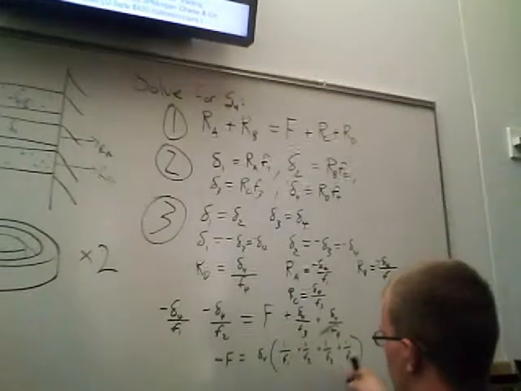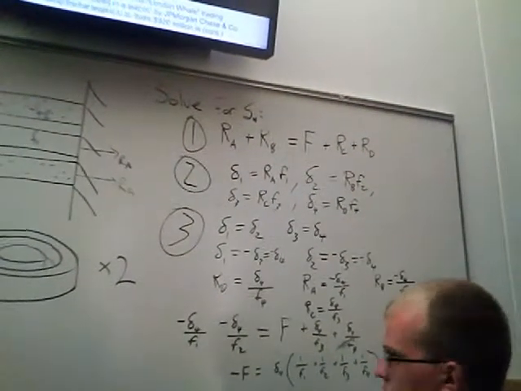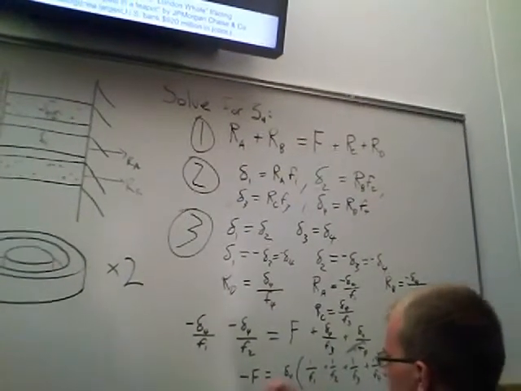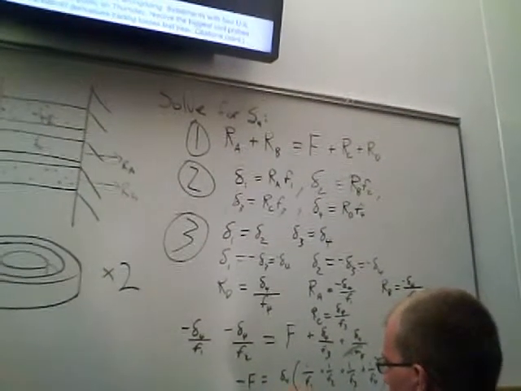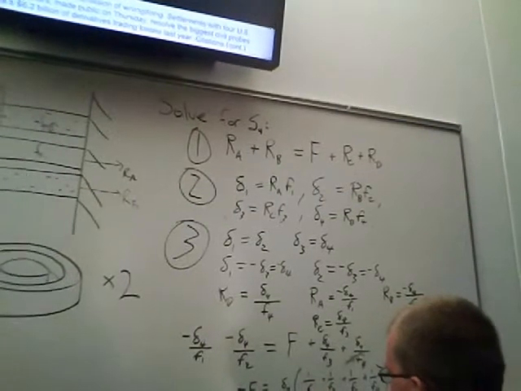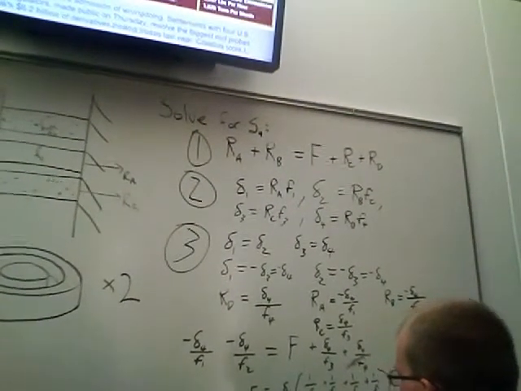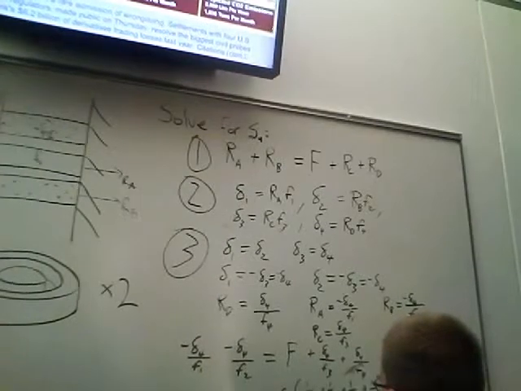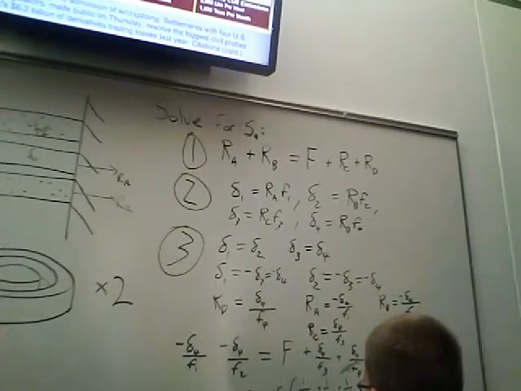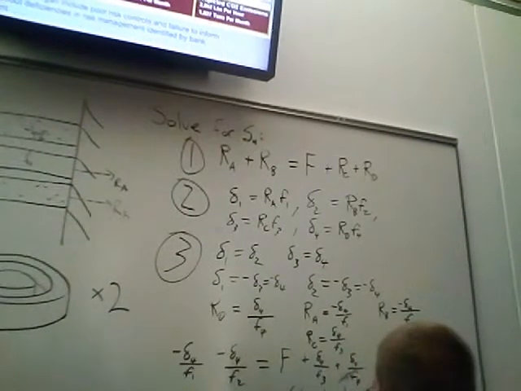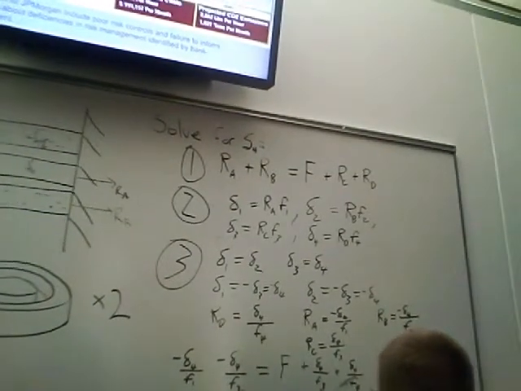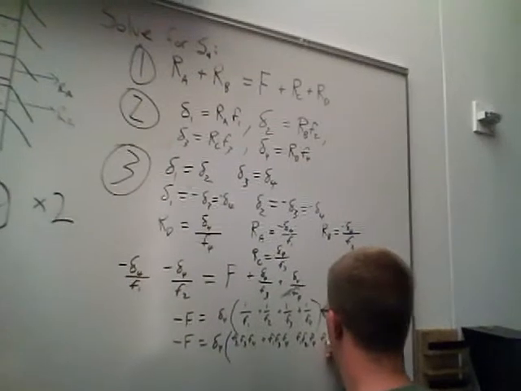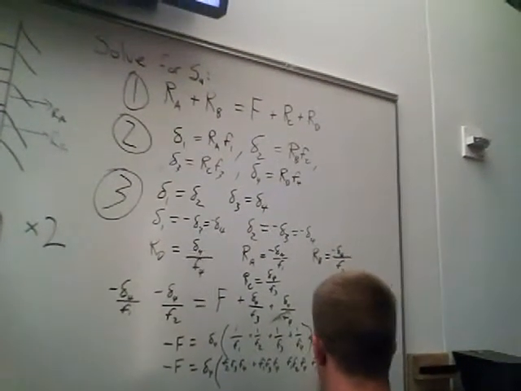So we can convert this into a fraction. Oh yeah, now I remember. So this is equal to negative F equals delta 4 times the quantity F2 F3 F4 plus F1 F3 F4 plus F1 F2 F4 plus F1 F2 F3.